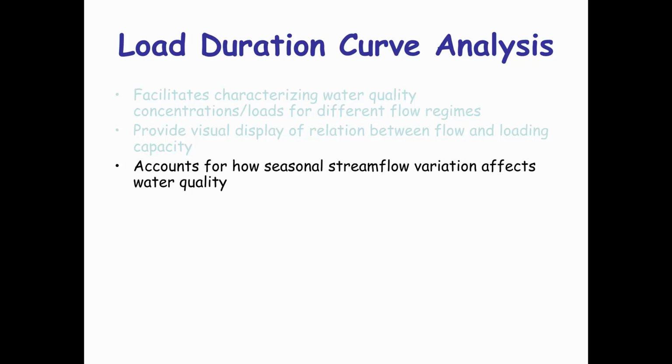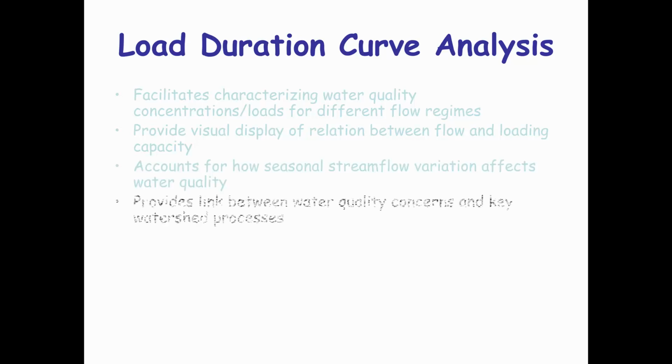Load duration curve analysis provides the ability to see how water quality is affected by flow magnitude, but also by time of year or season, because there are variations in water quality depending on the time of year. It provides a link between the concerns on water quality and key watershed processes.